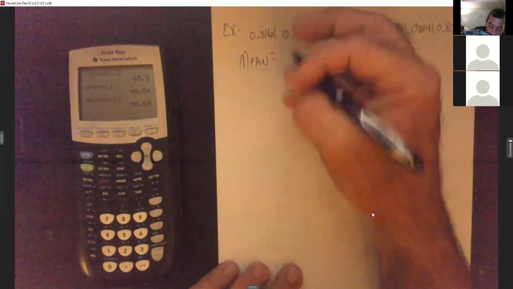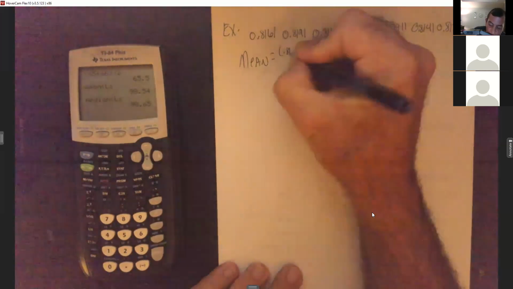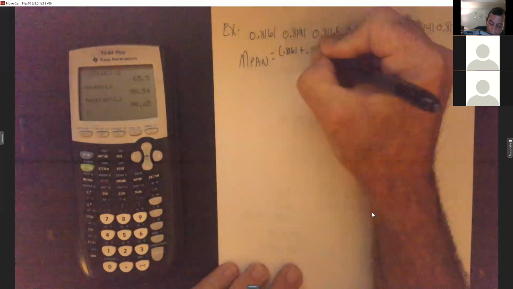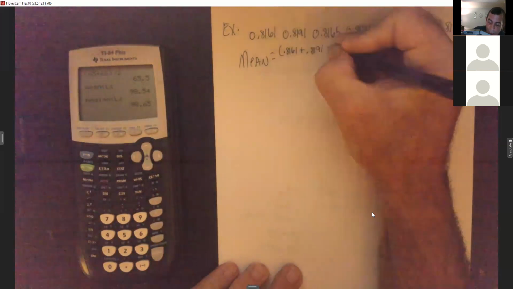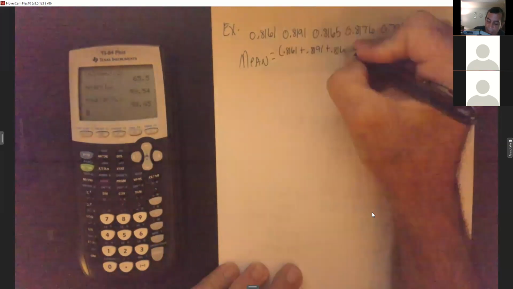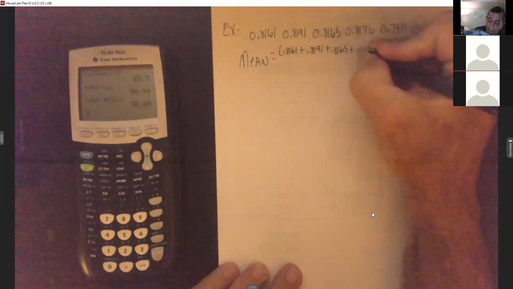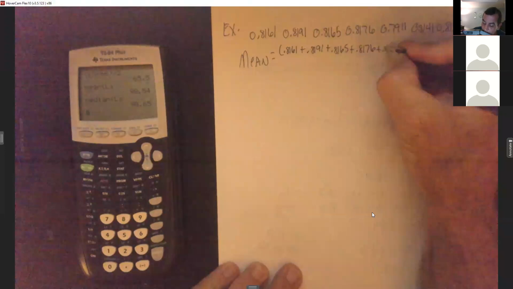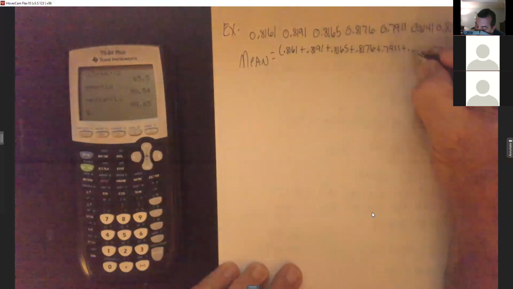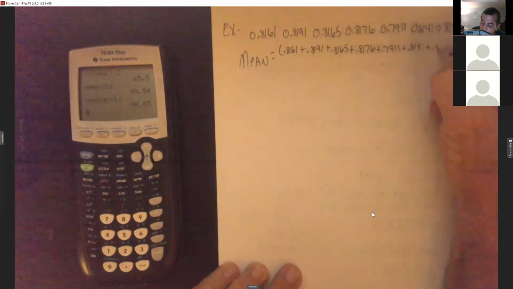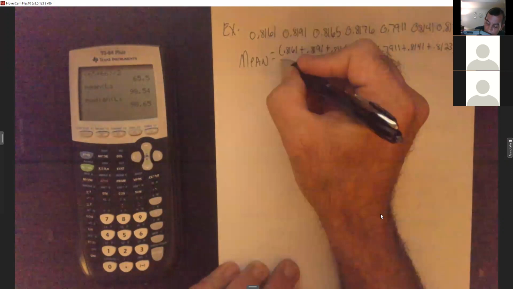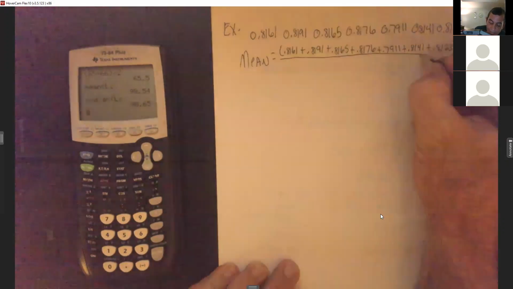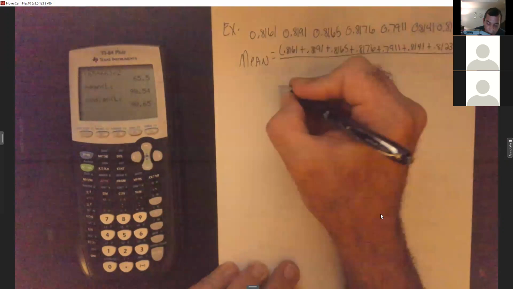So I got 0.8161 plus 0.8191 plus 0.8165 plus 0.8176 plus 0.7911 plus 0.8141 plus 0.8123, all of that divided by 7.